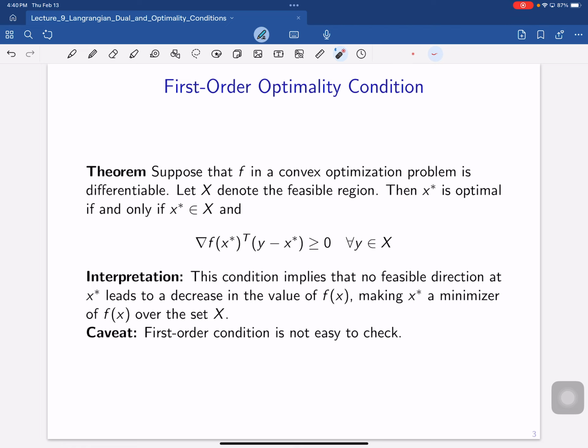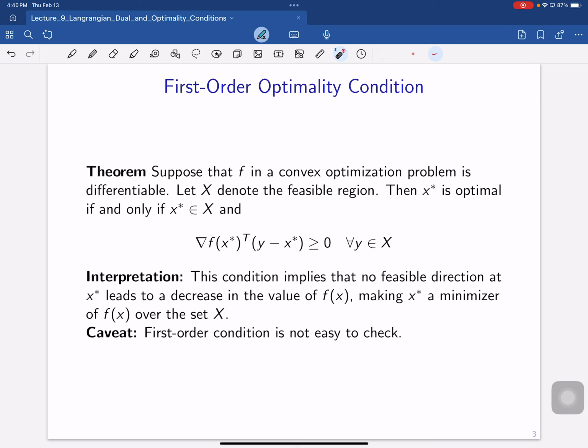Then x star is an optimal solution if and only if this condition holds: the inner product of the gradient at x star with y minus x star, for any feasible y, has to be greater than or equal to 0.